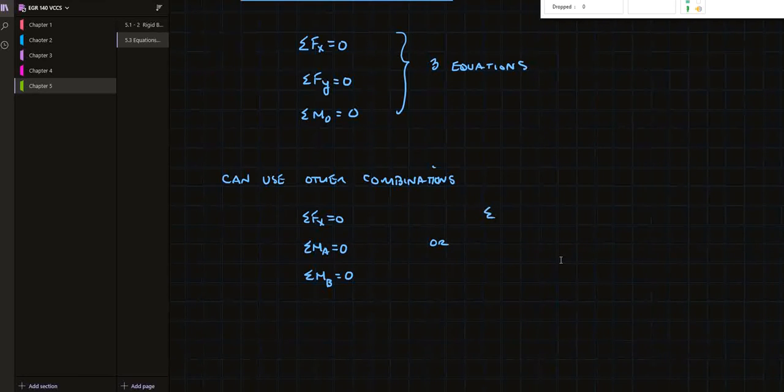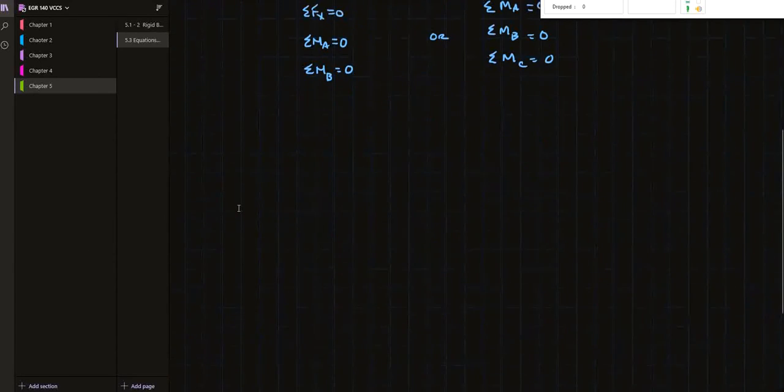Or we could use just all moment equations: sum of moments about A, about B, about C. Each of these individually would need to be equal to 0 for our body to be in equilibrium.